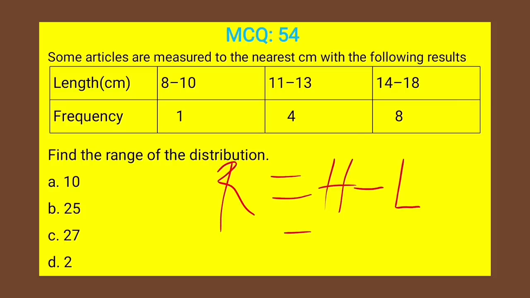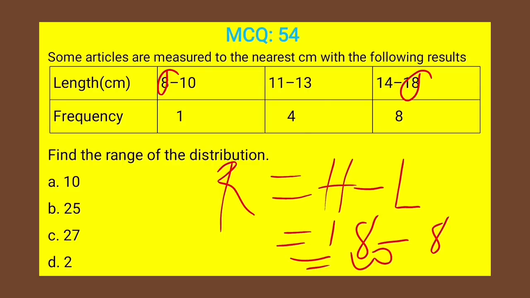So here you can clearly see that the range is 18, which is this, minus 8, which is this, and that will give you 10. So here option A is true. That is the range. Then that is all.